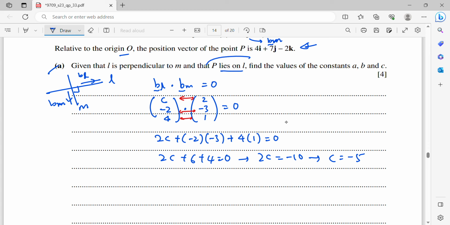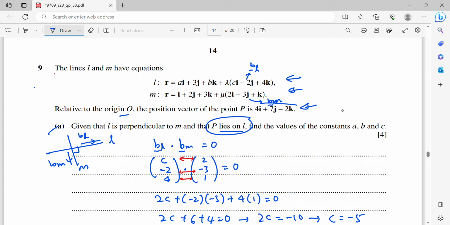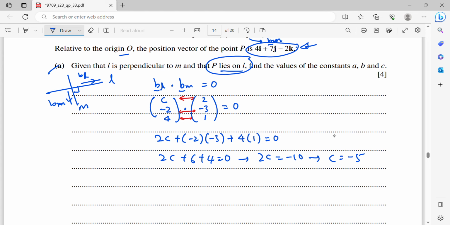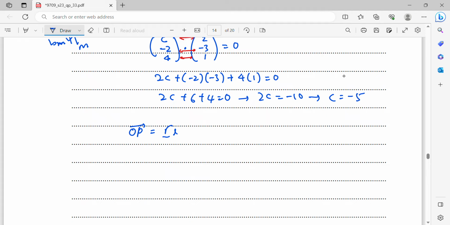And now, given that P lies on L, that means the OP is the same as the r of the L. So now OP equals rL. My OP is 4i plus 7j minus 2k, so I will write 4i plus 7j minus 2k equals my rL.